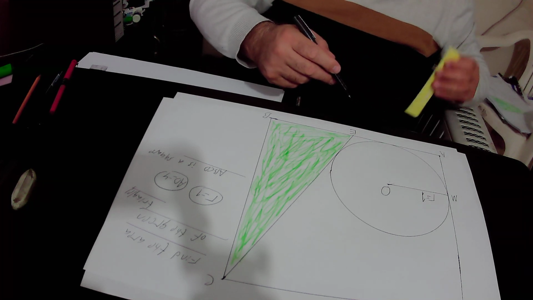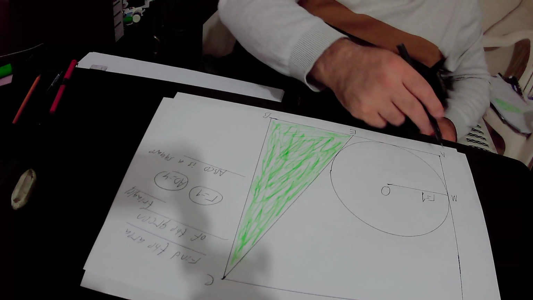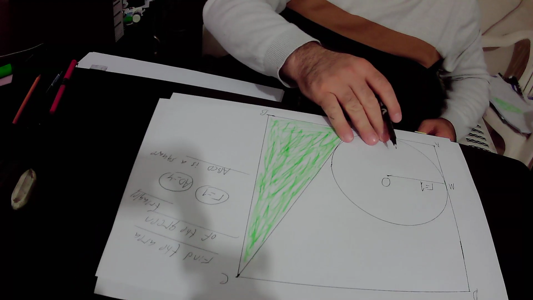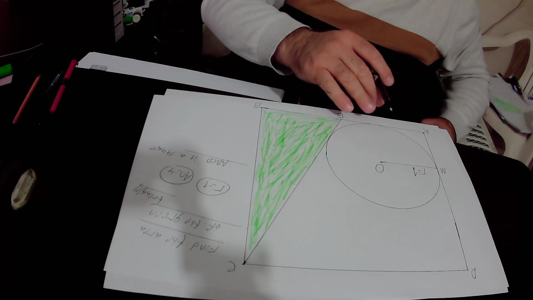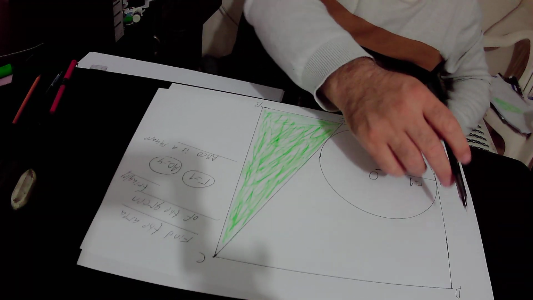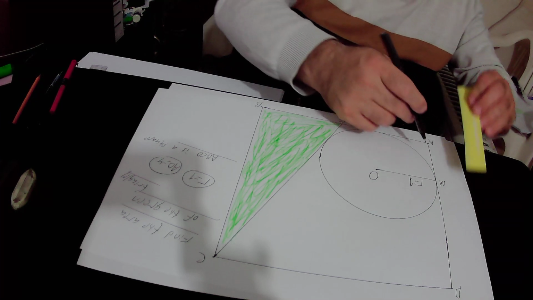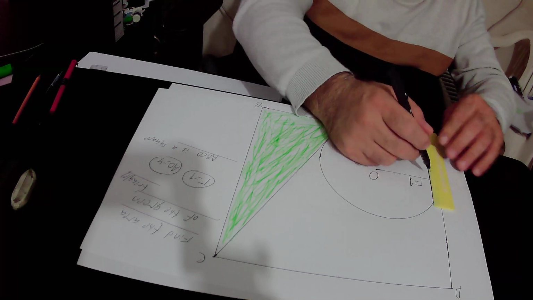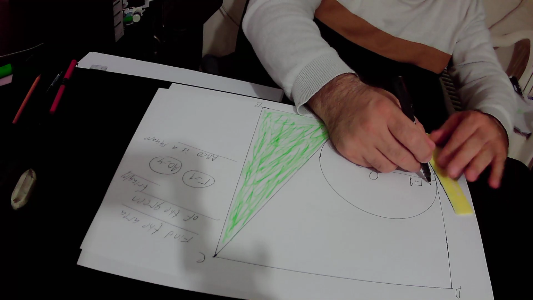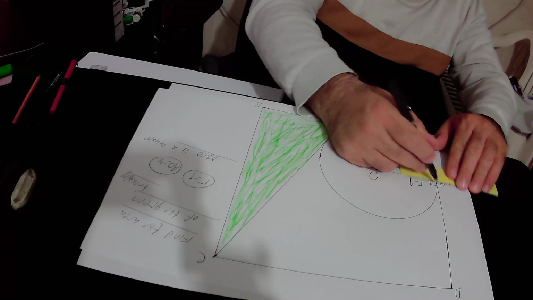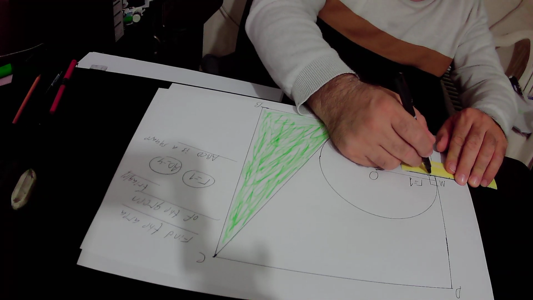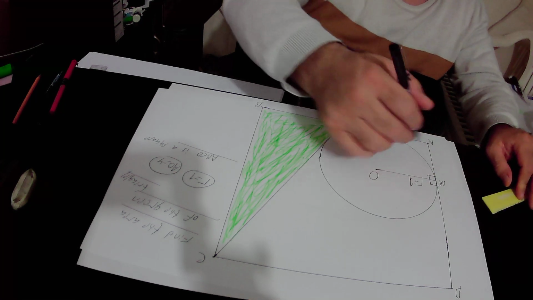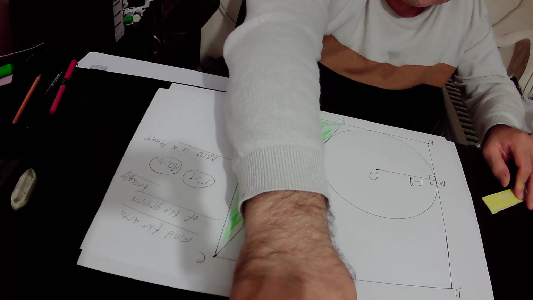Therefore, according to rule number 1, the tangent AD will be perpendicular to this radius OM or MO. That is to say, this angle will be equal to 90 degrees and this angle will also be equal to 90 degrees. Okay?